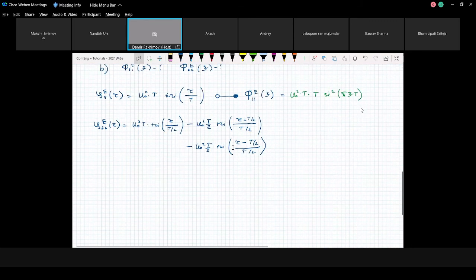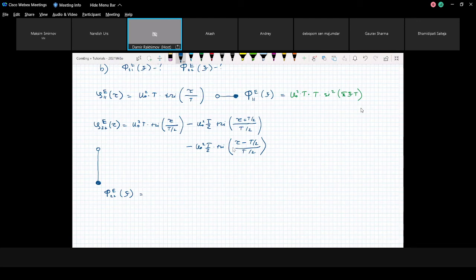Now let's take a look at the second Fourier transform. The first one was very simple. For the second one, we have more components. There we have to be very careful. So we write the energy spectral density for the second correlation function of frequency, of course.